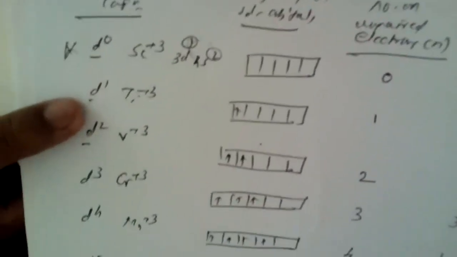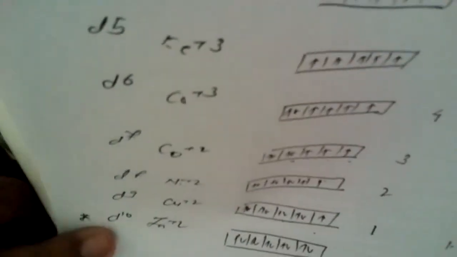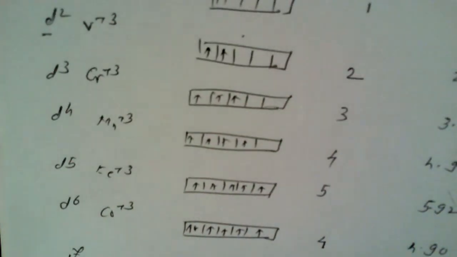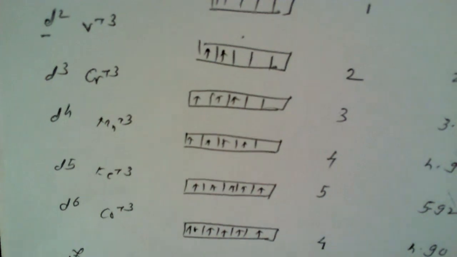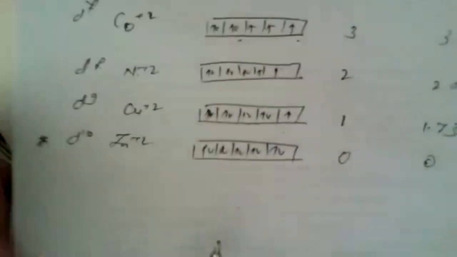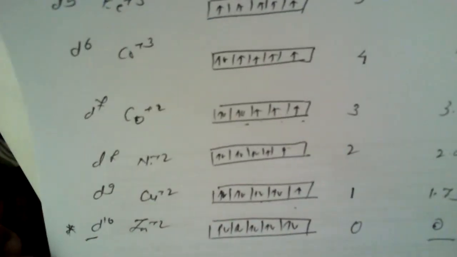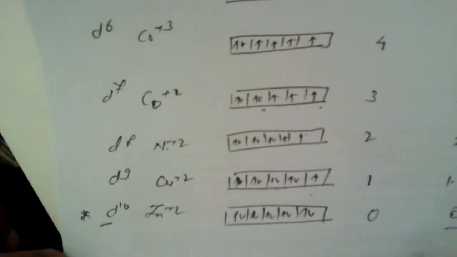Rest all the elements, from titanium to copper plus 2, contain either 1, 2, 3, 4 or 5 unpaired electrons, and hence are mostly paramagnetic except zinc and scandium.